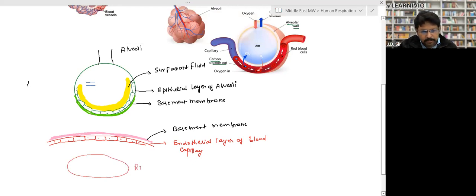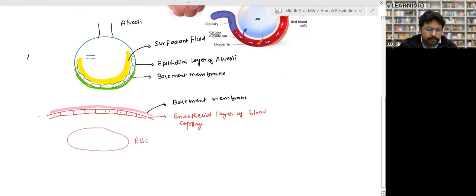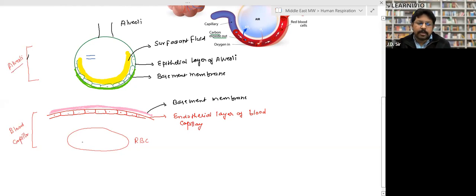This is the RBC. How does the exchange of gases take place? As we have already discussed, this part is the blood capillary, and this one is the alveoli. Now, why will carbon dioxide go from the RBC to the alveoli?